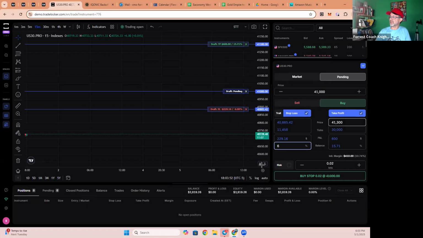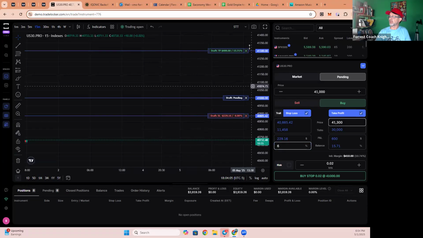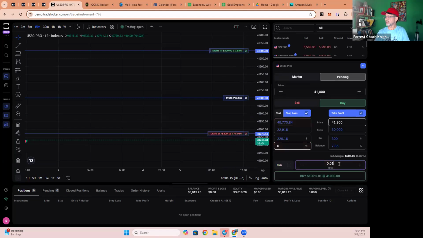So you need to understand how much money are you willing to lose per trade, how much money are you willing to lose in a week, how much money are you willing to lose over 20 trades. And the only way you're going to figure that out is by coming in here, going into your demo account, and putting in some of these numbers and playing with them and saying, okay, if I took Abdullah's trade idea at a 0.01 lot size, right, and I do all the numbers that he suggests, that he recommends, what was it, 40,700?